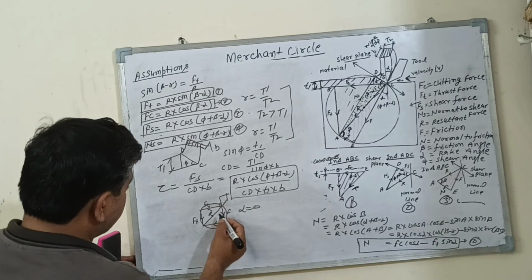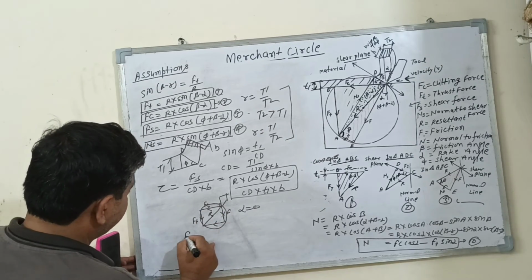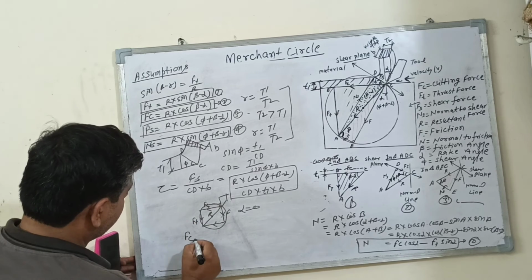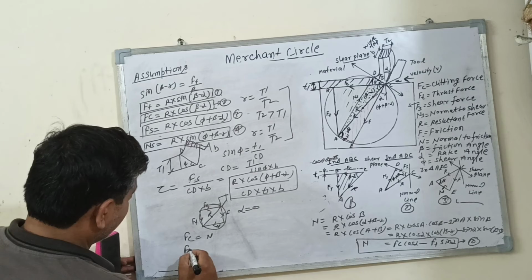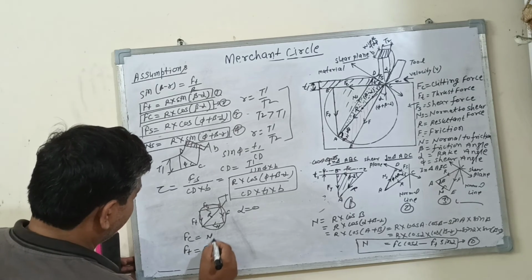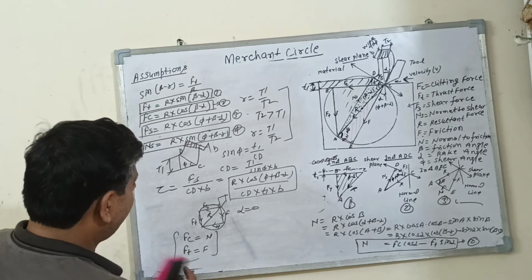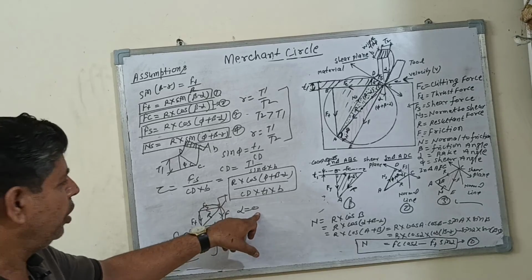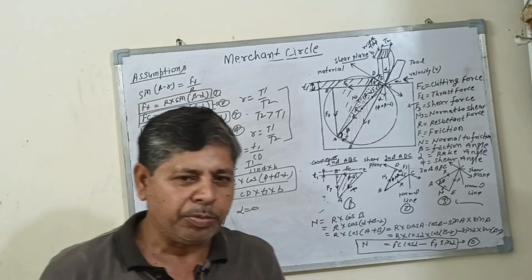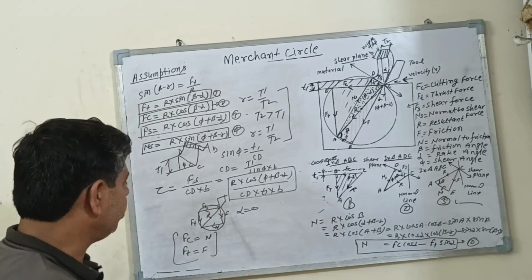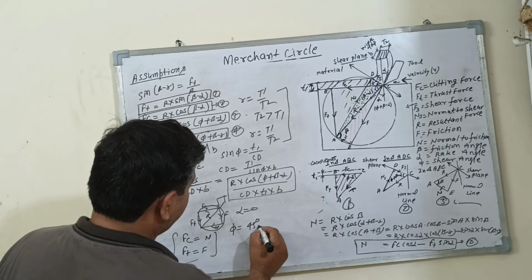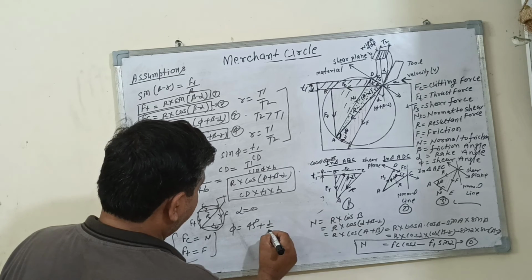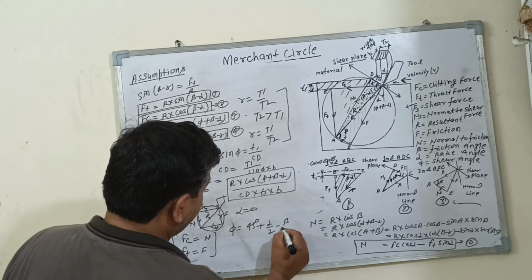So in this case, the cutting force is equal to the normal force, and the thrust force is equal to the friction force, when alpha is equal to 0. If the minimum energy principle is used, then phi is equal to 45 degrees plus alpha by 2 minus beta by 2.